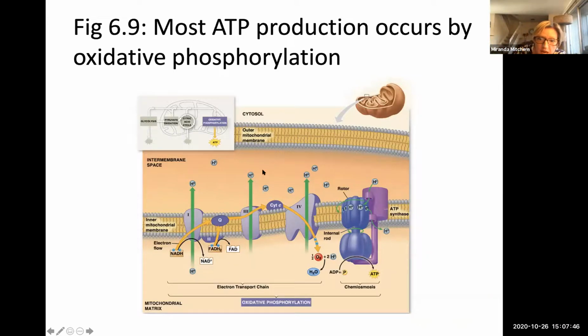So the protons are all building up in this inner membrane space. And we have a gradient. You can see that there are more protons in the inner membrane space than there are anywhere else. So the more that protons go through the whole chain, the more opportunity there is to generate ATP. So notice here that NADH feeds in before protein complex 1. FADH2 doesn't do that. It comes in after complex 2.